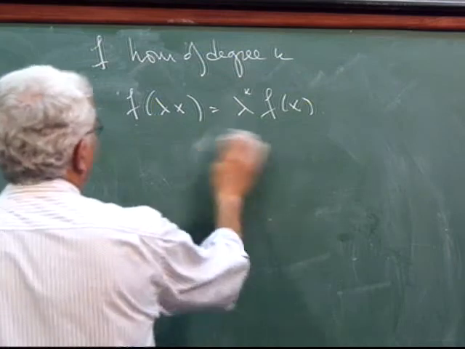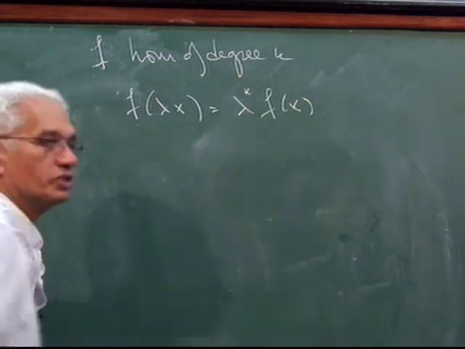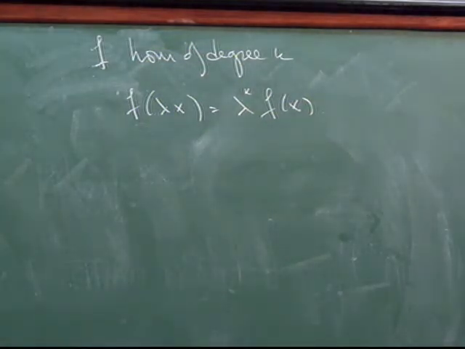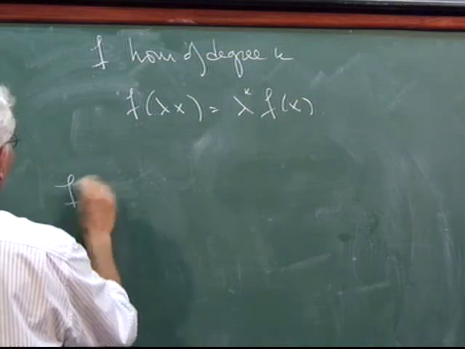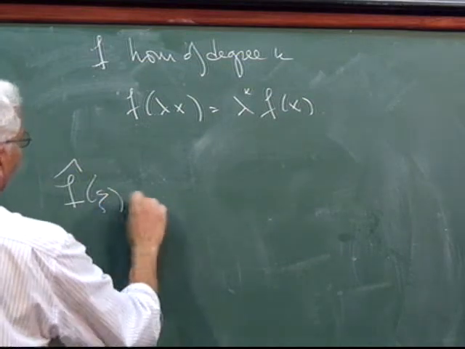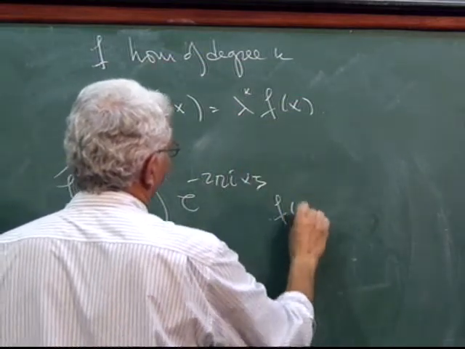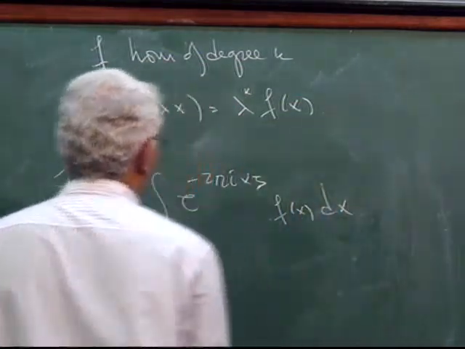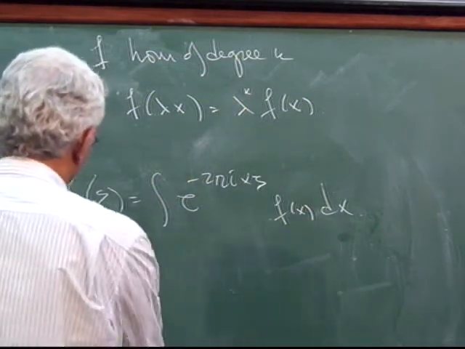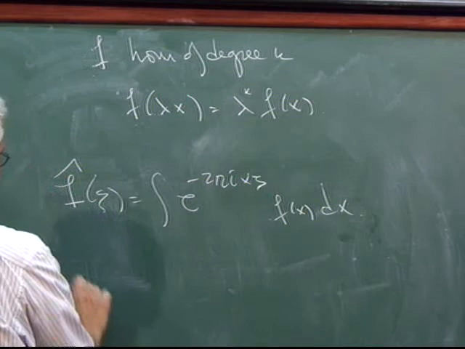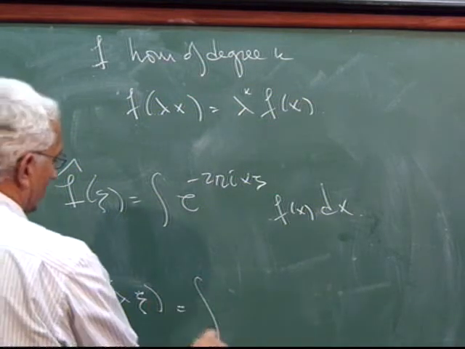What happens, roughly speaking, if you take a Fourier transform of a function that is homogeneous of order k? Suppose that you have f, and you want to take the Fourier transform at lambda c.